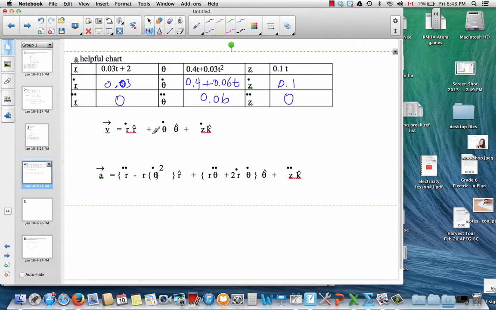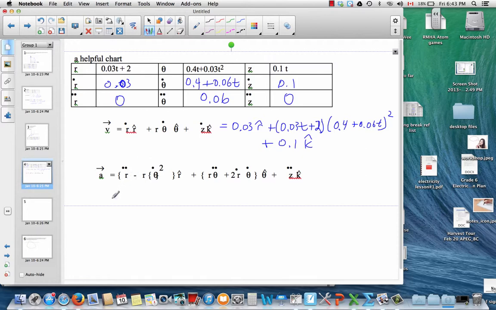So we substitute in here for velocity. We get 0.03 radially. We have a time-dependent angular velocity because it's r times theta dot. This is a little bit messy. So that's r, that's theta dot. And then, of course, we have the 0.1 in the k direction, the third component of velocity.